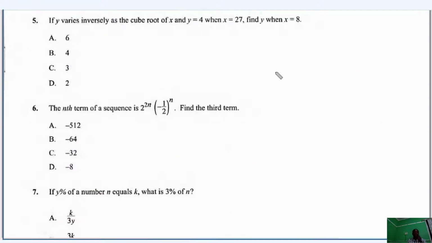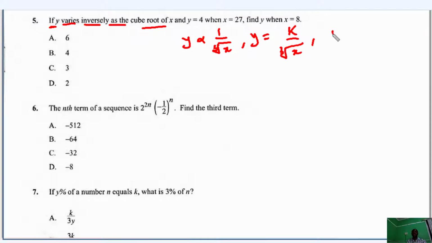Okay, so we are on question 5. Question 5 is a variation question. If y varies inversely as the cube root of x, then when you introduce the constant k, it will be y is equal to k over the cube root of x.